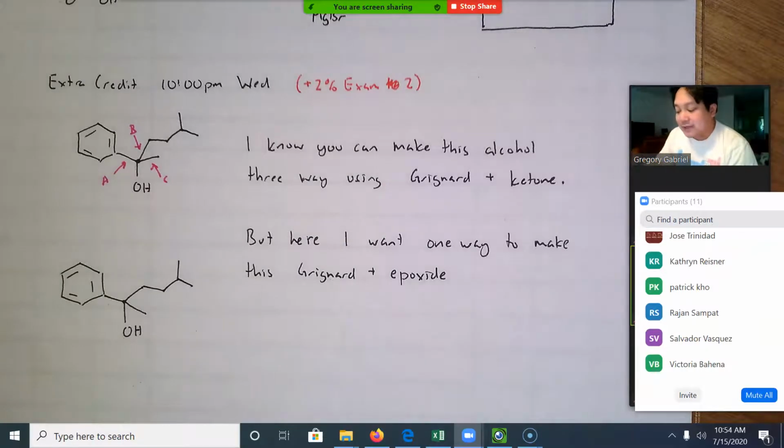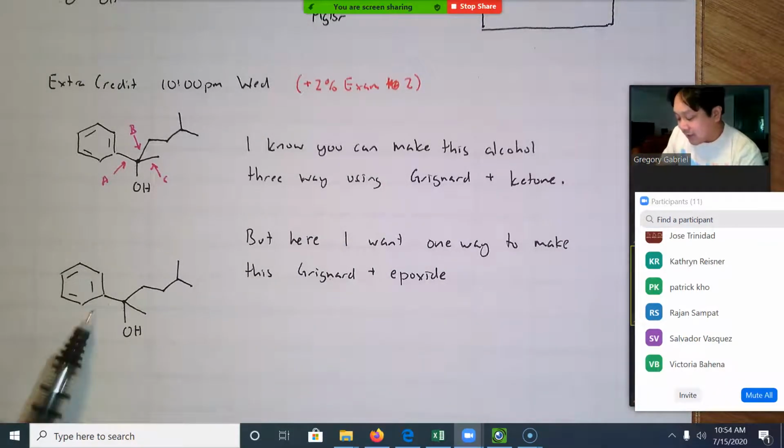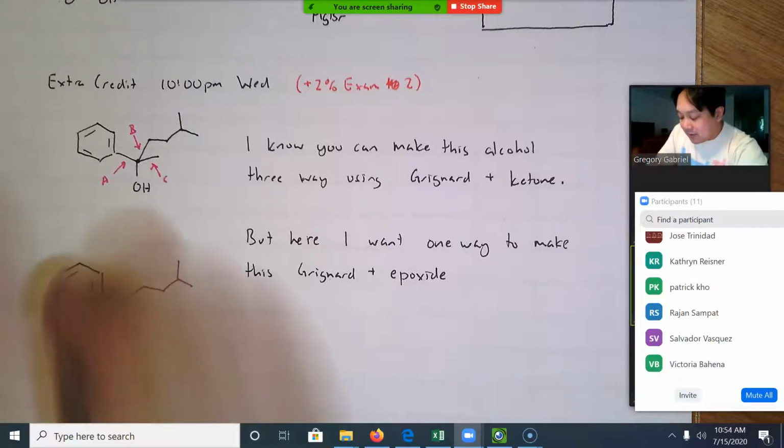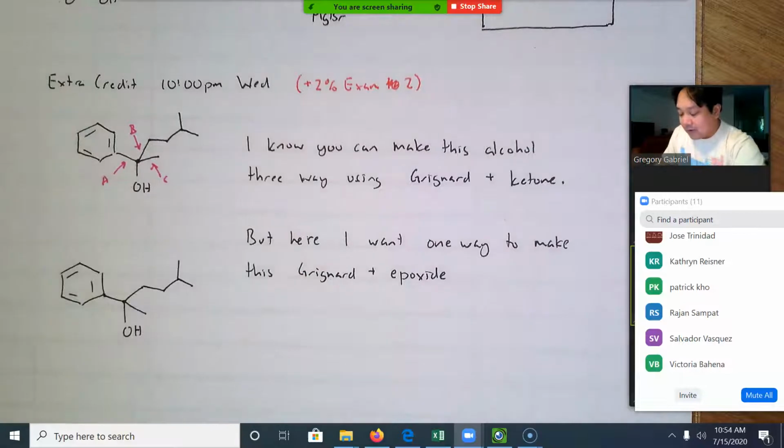It's the dot next to the alpha carbon. So either I make the epoxide here. Oh, that doesn't look good because this carbon is too full already. Like if I make a triangle here, that carbon has 5 bonds. See, that already eliminates this carbon here.